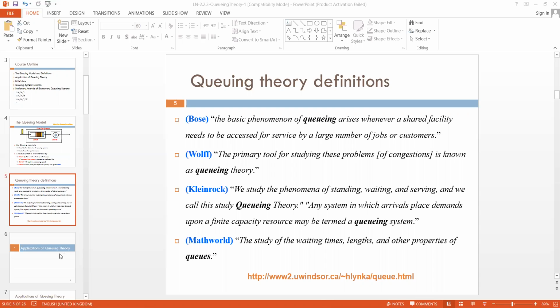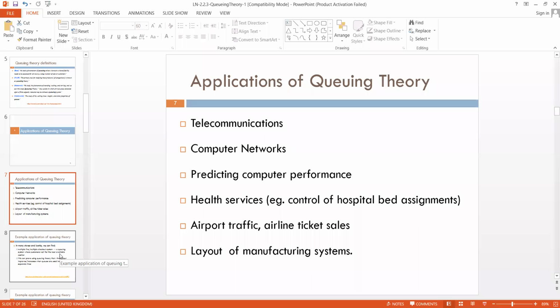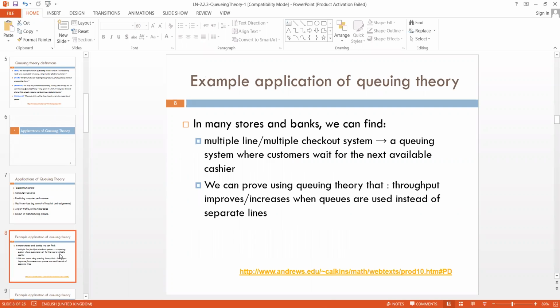Like I said earlier, we can use it to arrange health services, to control hospital bed assignments, predict computer performance, computer networks, telecommunications, airport traffic, airline ticketing, transportation systems, layout of manufacturing systems, banking, so many applications.